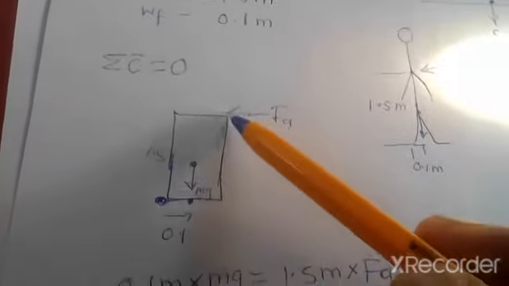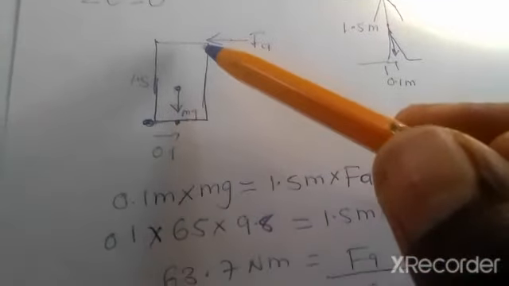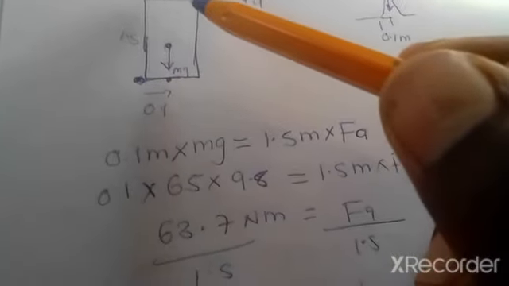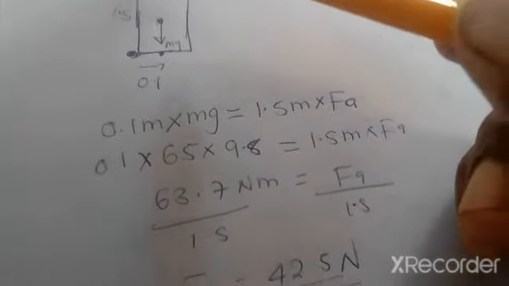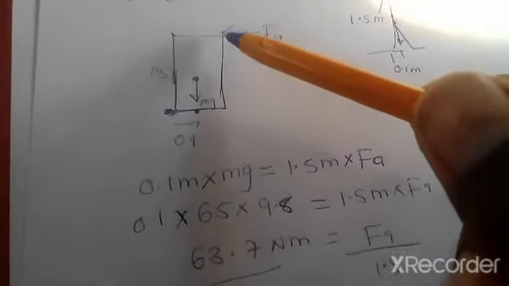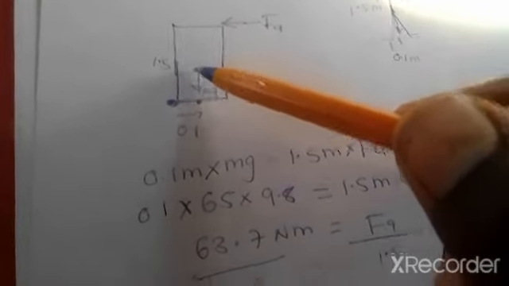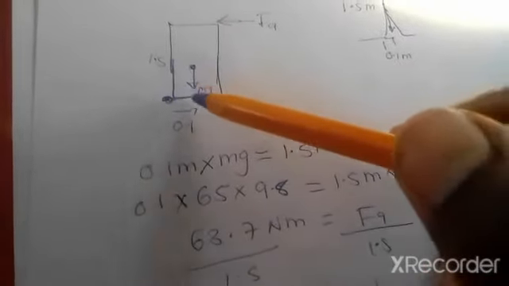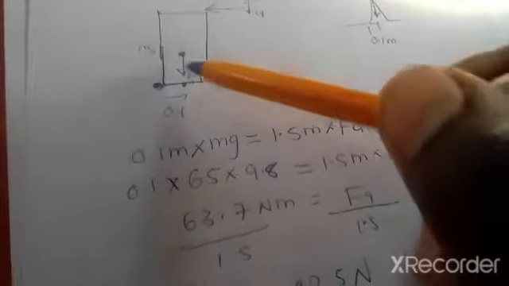If a force of 42.5 newtons is applied on the shoulders of this person, then the person is on the verge of toppling, because this force is going to produce a torque equal to this torque, which is a result of the perpendicular distance of the feet and the weight.